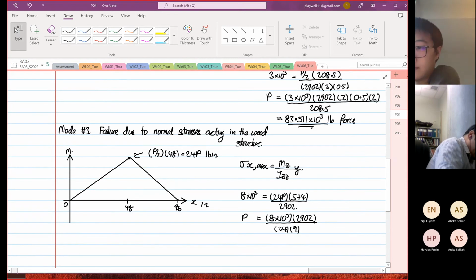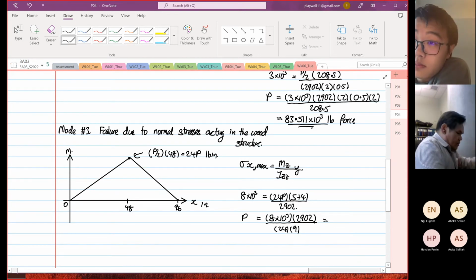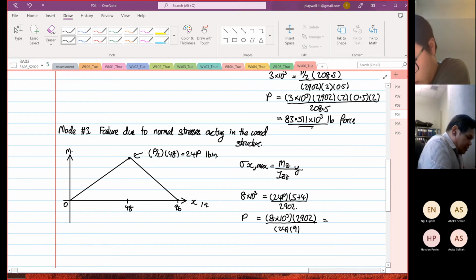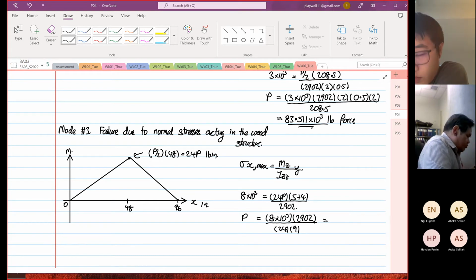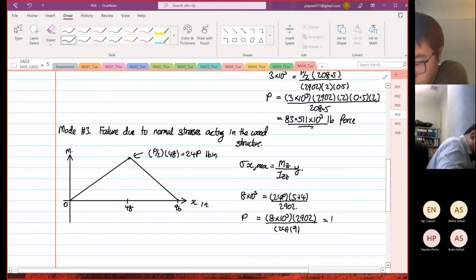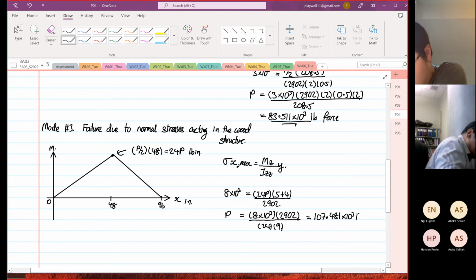So the P will be 8 times 10 to the power 3 times 2902 divided by 24 divided by 9, which is equal to 107.481 times 10 to the power 3 pound force.